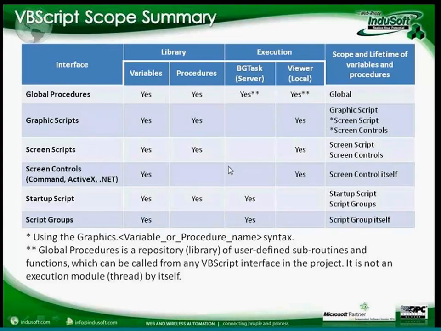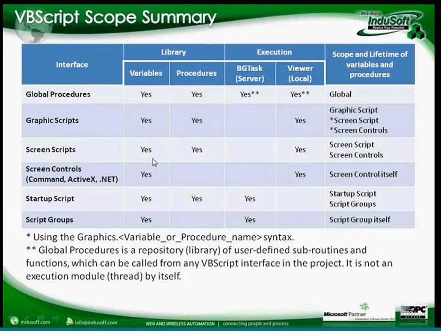Graphical scripts allow you to declare variables and procedures as well, but it's executed from the viewer only, from the graphical script, from the screen scripts, or screen controls. And if you use screen scripts or screen controls, you have to use the graphics dot prefix before calling the functions or reading the variables from the graphical scripts.